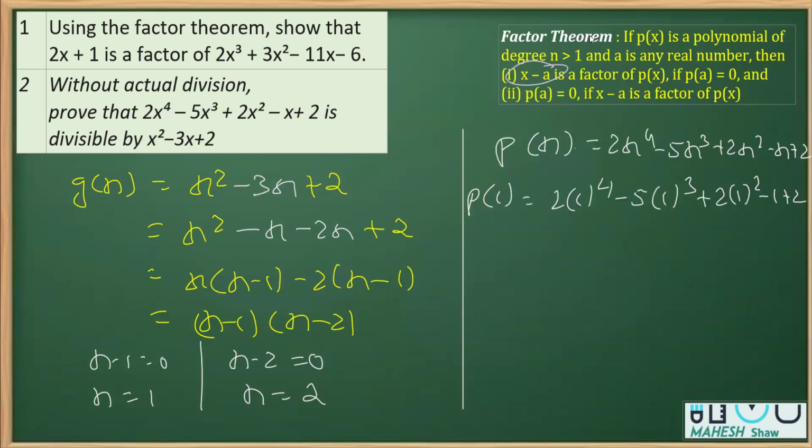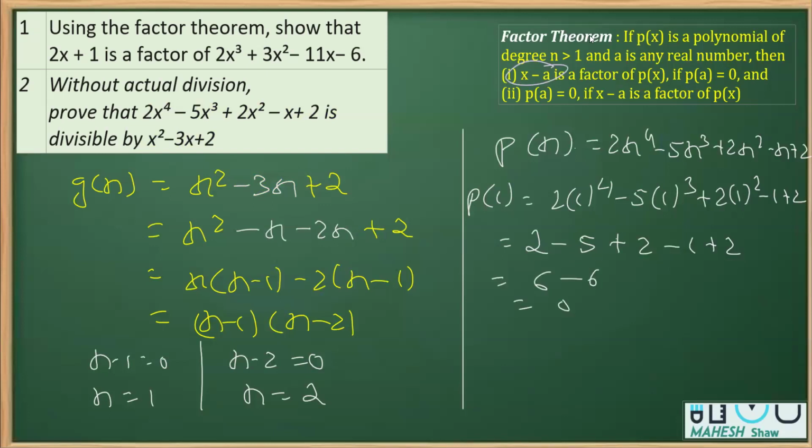As you know, 1 raised to any positive power is 1 only. So 2 into 1 is 2, minus 5, plus 2, minus 1 plus 2. Now 2 plus 2 is 4, plus 2 is 6, and minus 5 minus 1 is minus 6. So we got 0.